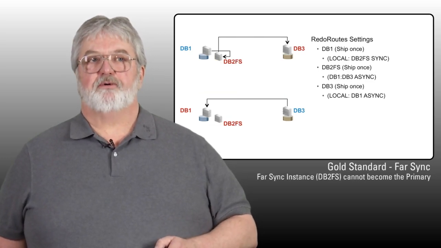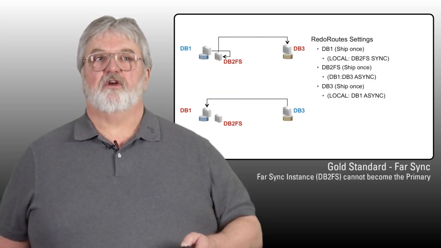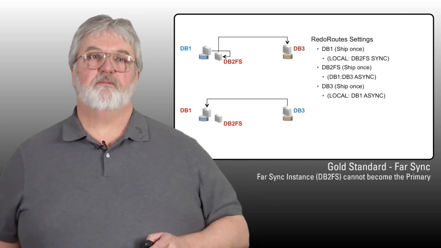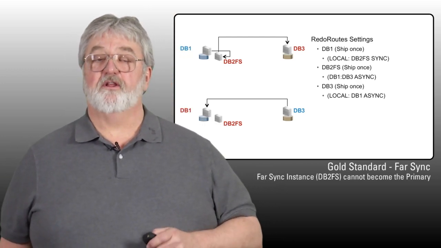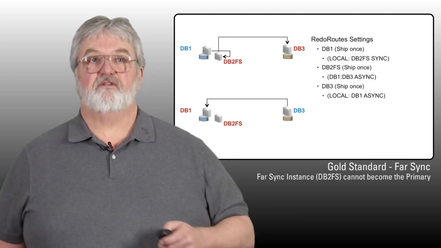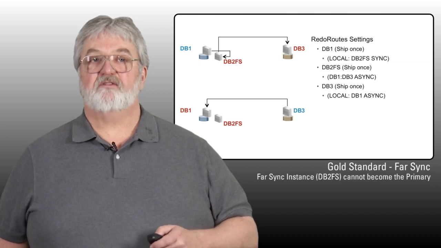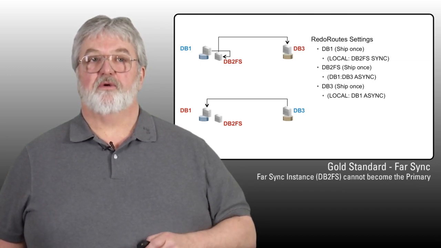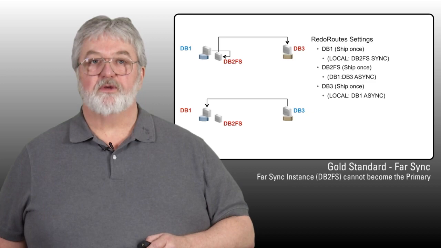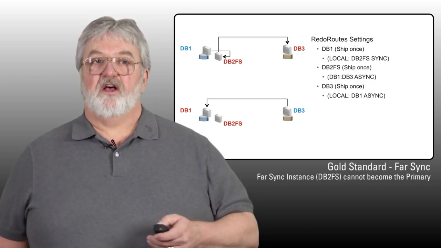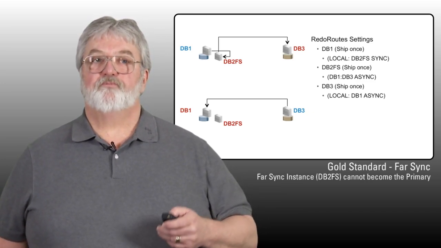In the third example, obviously with a FARSync instance, the FARSync instance can never become the primary database, so the redo routes configuration is a little bit simpler. In this case, DB1 will only ship locally to DB2FS in synchronous mode when it's the primary. If it's not the primary, it will not be shipping redo. DB2FS, the FARSync, will ship once to DB1.